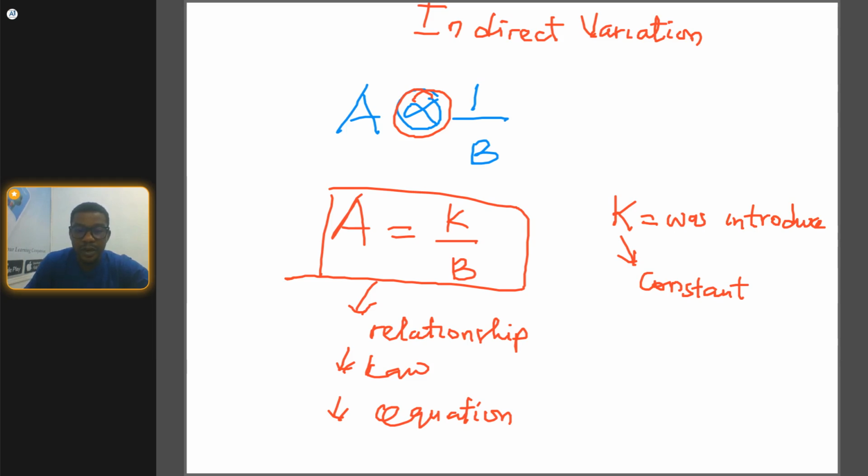Can we move on to joint variation now? Okay, so we move on to the next one, which is the joint variation. And then after, we are moving on to application. We'll go to application after treating the joint variation.